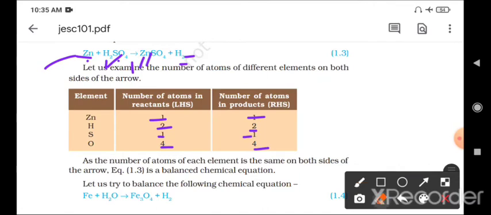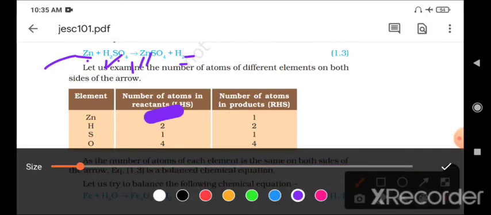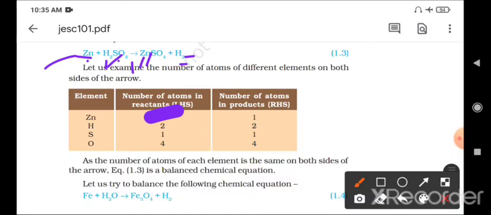So here you observed that the reactant side and product side have an equal number of atoms. Zn is 1 on the reactant side as well as the product side. Hydrogen is 2 and 2.